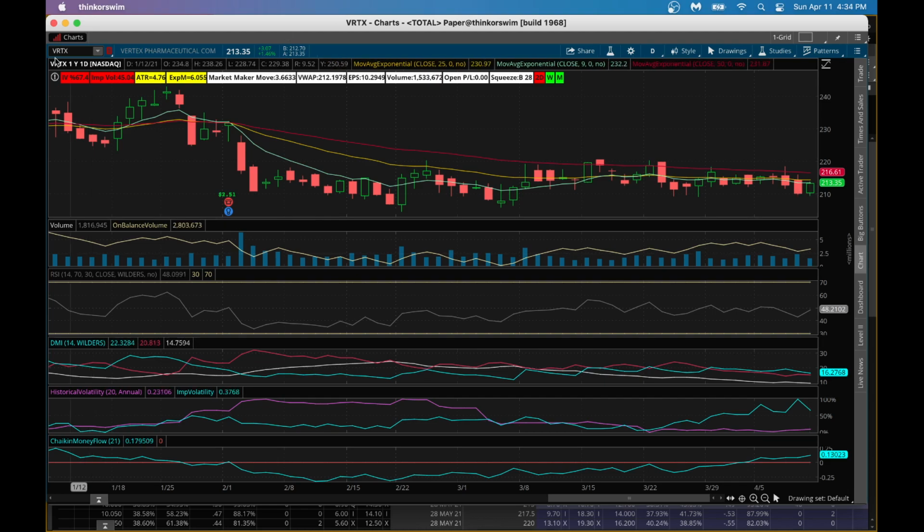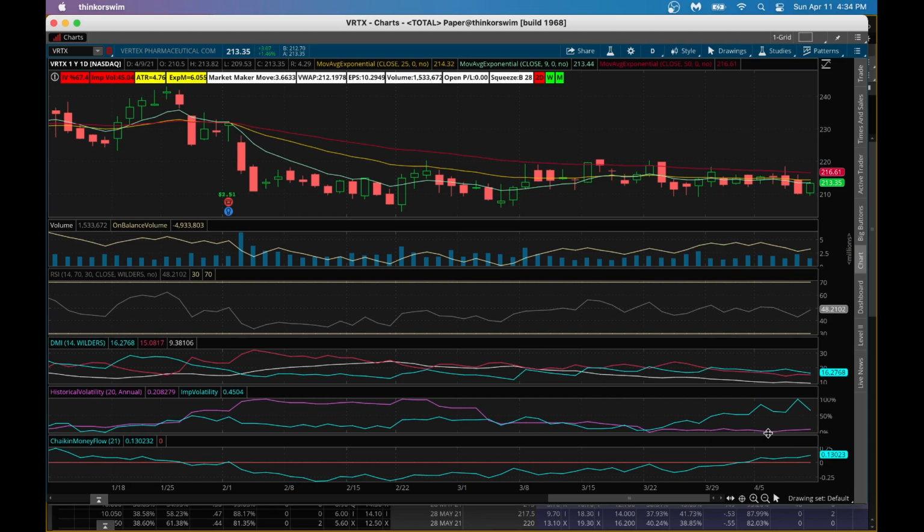Historically, this is a very nice company and has done nicely. From an RSI perspective, it's at a lower level. RSI can go as high as 60 here, and right now it's at 48, so it has more room to grow. From a DMI perspective, I see the blue line is above the red line, which is a good sign. It's bullish at this point. And from an IV perspective, the implied volatility is higher than the historic volatility.